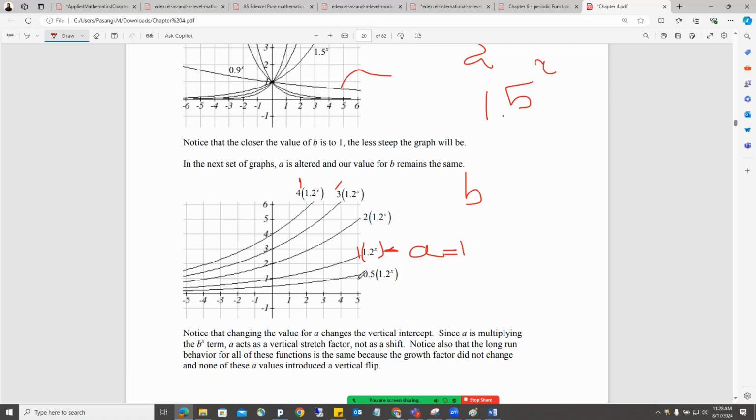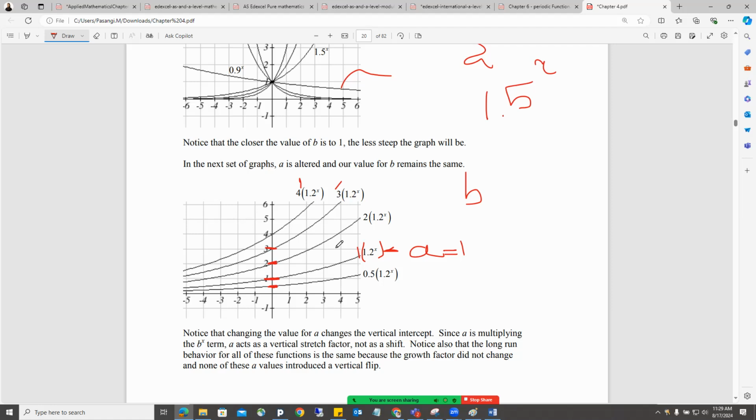If the a value is 0.5, then it has the vertical intercept at 0.5. If it's 1, the vertical intercept is at 1. If it's 2, the vertical intercept is at 2. If it's 3, the vertical intercept is at 3. Likewise. Is it clear? Yes.